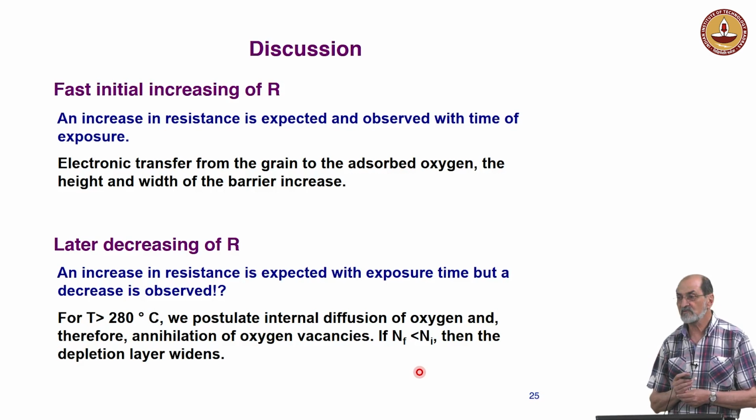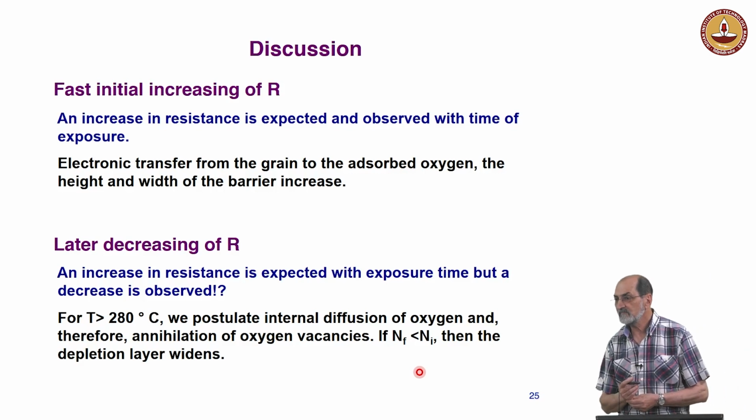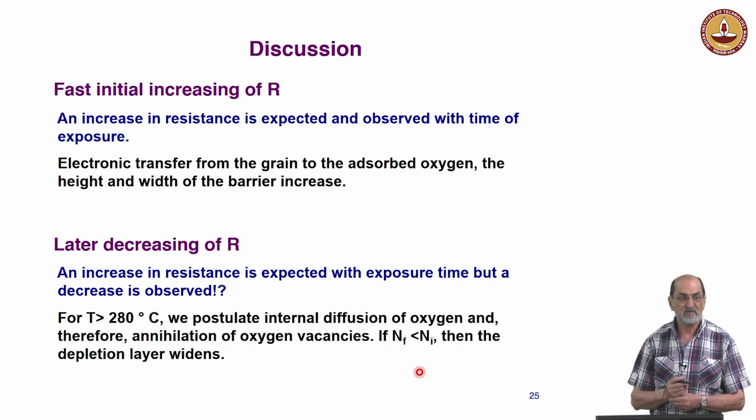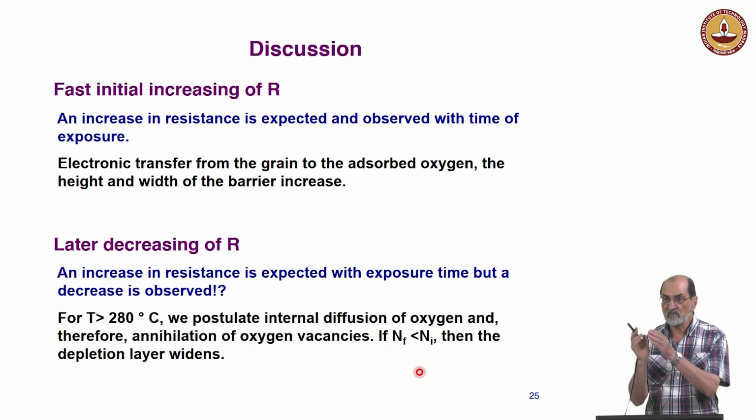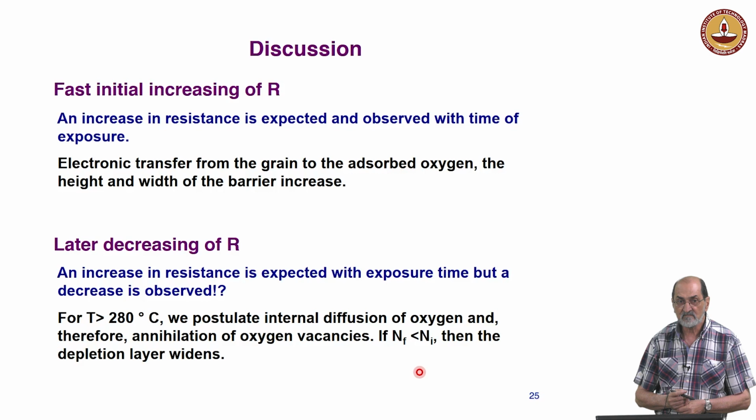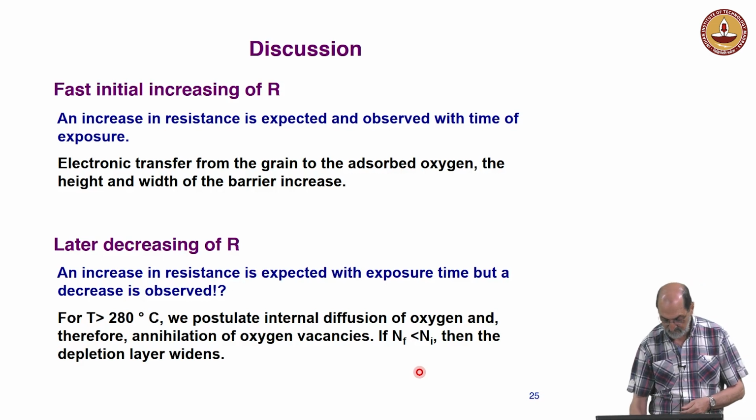And people said to me, but we don't care, the thermionic current is not going to change. Yes, the thermionic current is not going to change, but the tunneling is going to change, because the narrower the barrier, the higher the current. If I make a barrier which is wider, the tunneling is going to decrease.